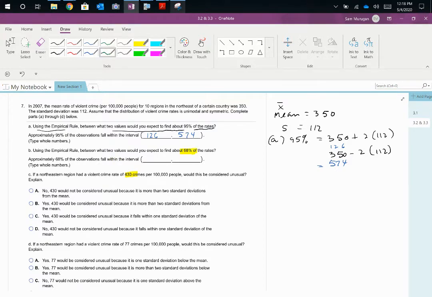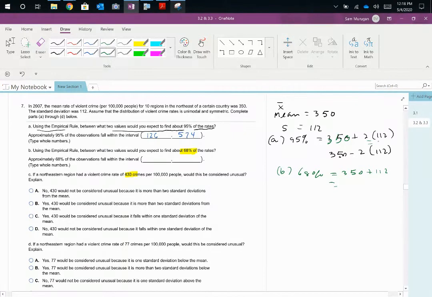Part B is 68%, which is 350 plus 112 and 350 minus 112. I think I've got this mixed up. I have the numbers backwards, but I think you guys figured that by now.